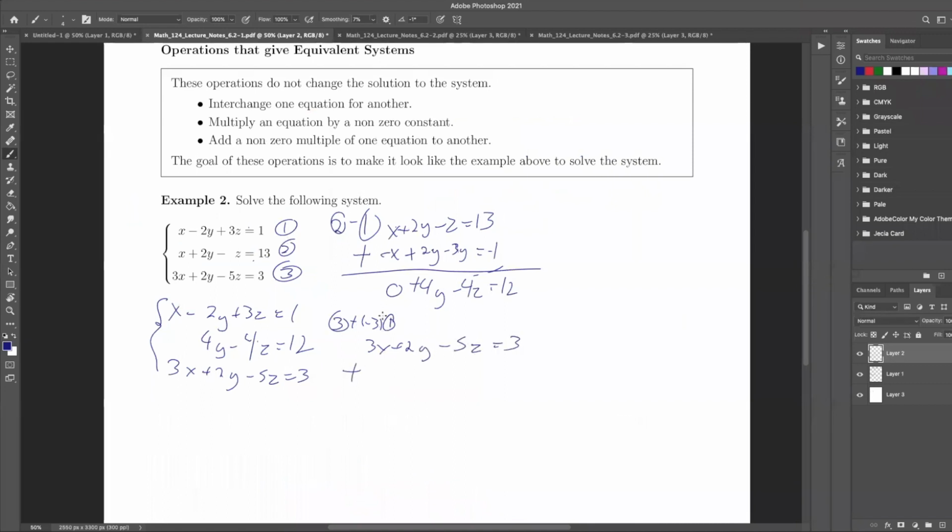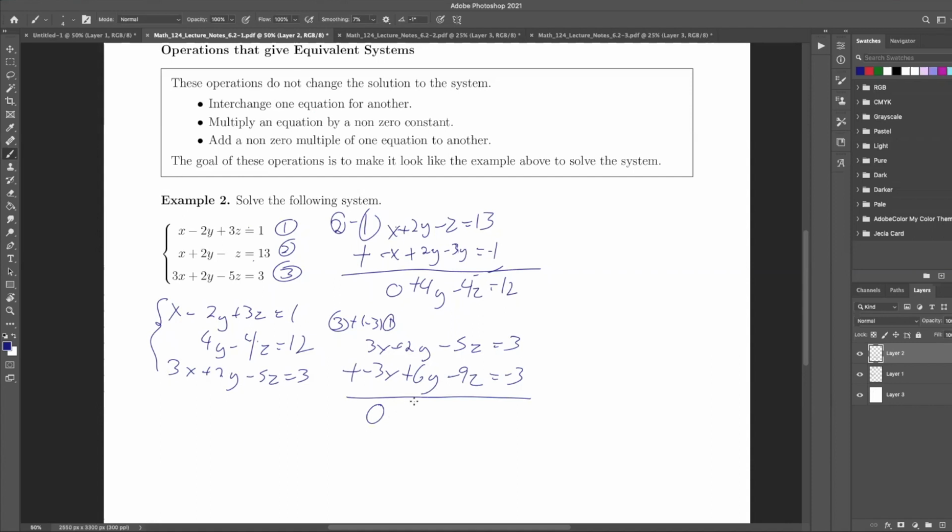We're going to add to it -3 times this row, so I get minus 3x, and then -3 times -2 is plus 6y. Then -3 times 3z will be minus 9z, and -3 times the 1 will be equal to minus 3. Now we add this up. By design, the x is 0.